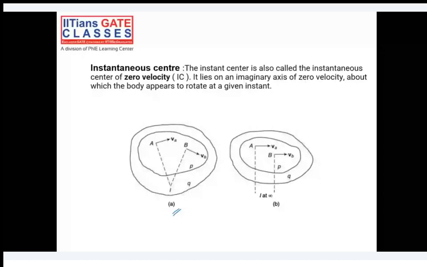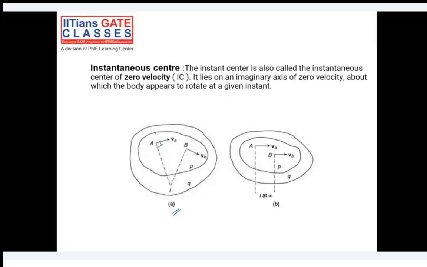So VA direction we know. So if I draw perpendicular to this line, okay, this is our perpendicular. Somewhere I would say that about some point on this perpendicular line, this particular link is rotating.